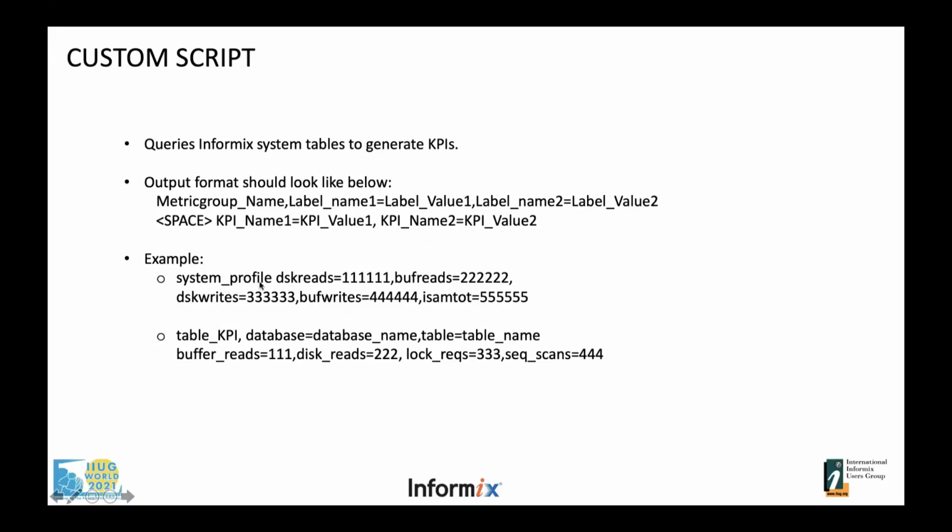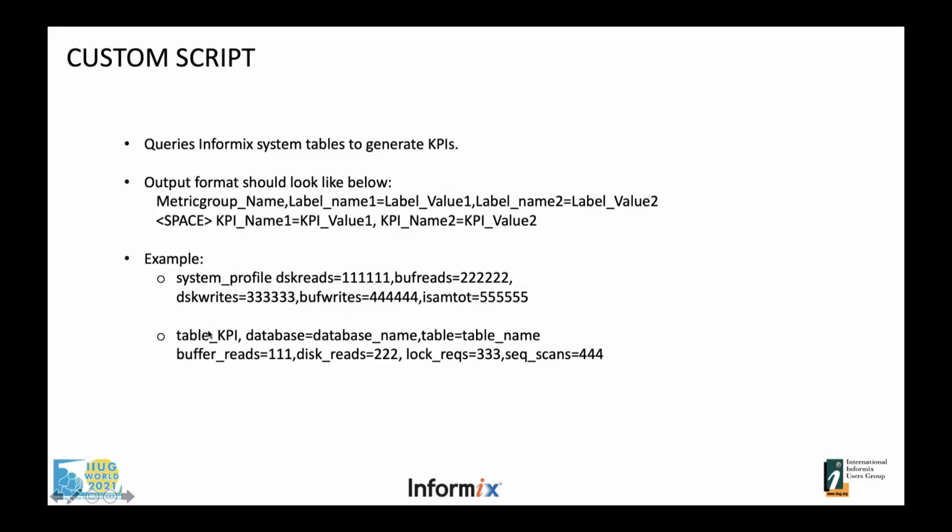System profile is the metric group name, and then you have the different KPIs: discrete equal to so and so, buffer rates equal to so and so, and the other KPIs.